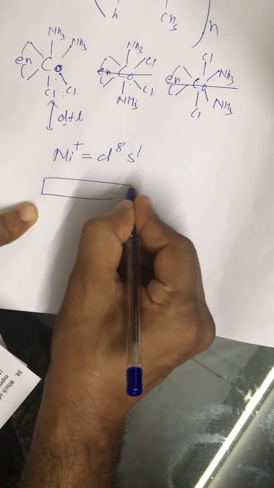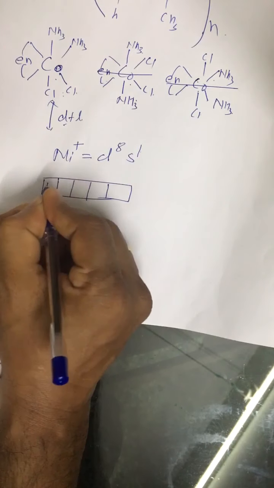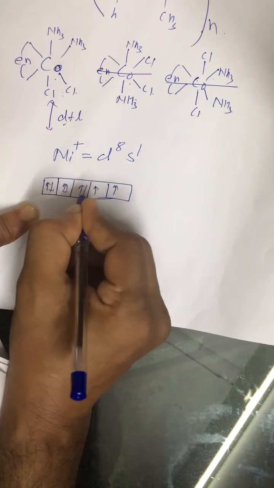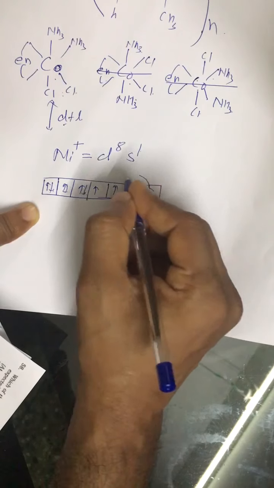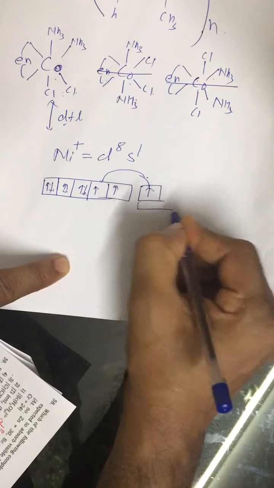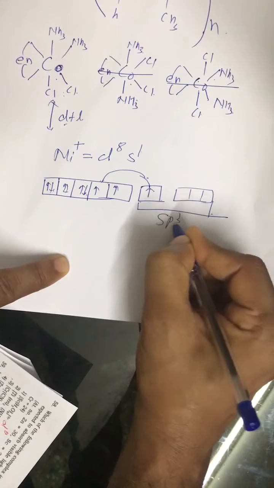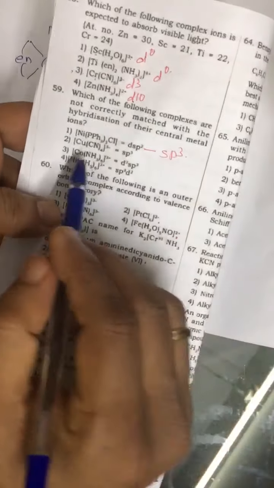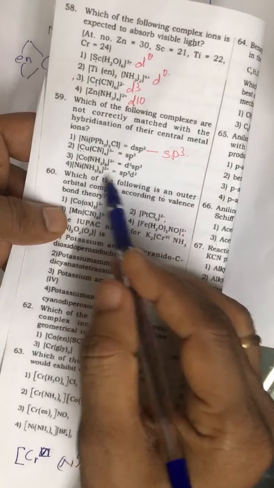Now if you look at d8s1 configuration, what happens? This is d8, 1 2 3 4 5 6 7 and 8. Now it has s1. So this electron pairs up here. All right, so it provides one vacant s orbital, then this is p orbital. So the type of hybridization is basically sp3. It is not dsp2. Here this is correct. Tetracyanide is correct, and rest are correct.